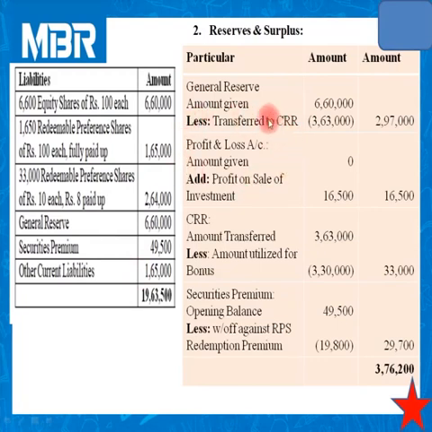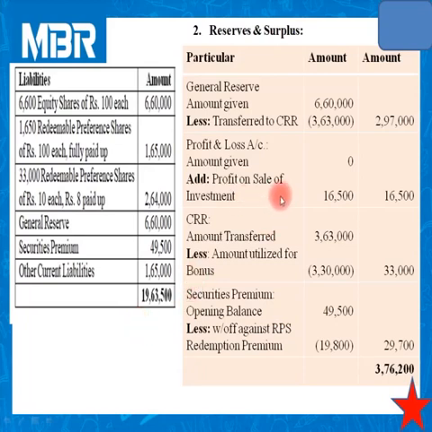In our question, information related to profit and loss account is not given in the balance sheet. So amount given for profit and loss account is 0. This is the most important item because here profit and loss account is not given, so it may be possible that we skip this item in the calculation.